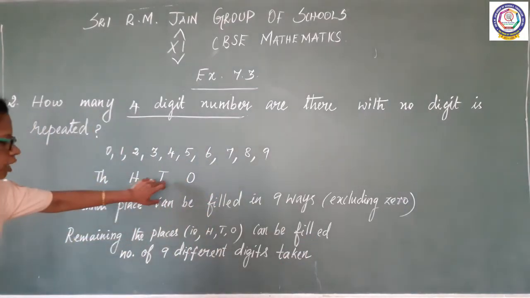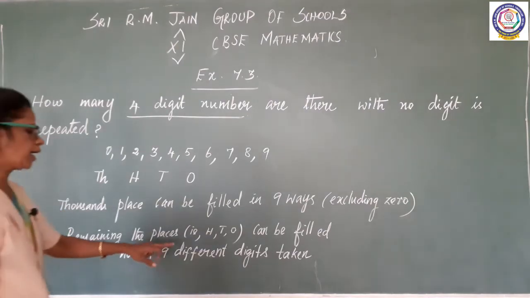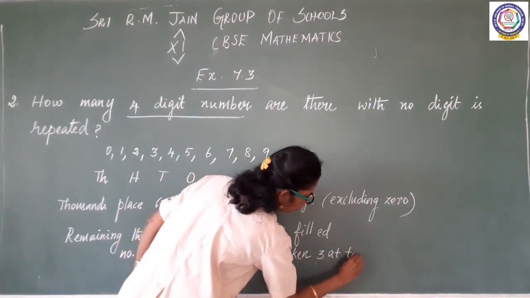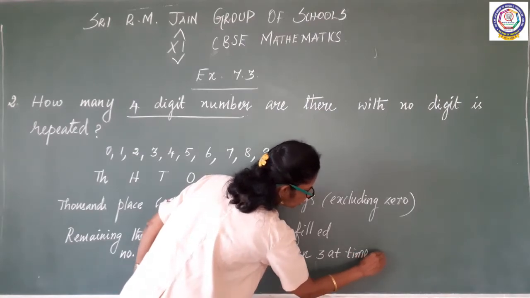Because hundreds, tens, ones means 3. Taken 3 at a time. Then how to represent that?